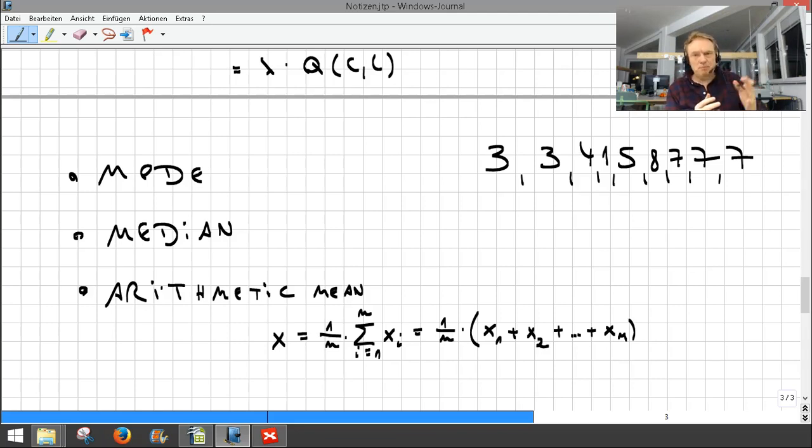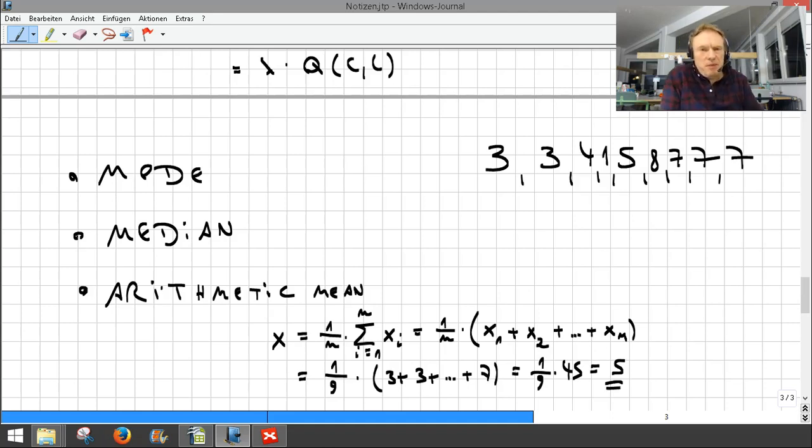You just add them, you just get the sum, and multiply by 1 over n, which is 3 plus 3 plus 4 plus 1, and so on, which is 6, 10, 11, 16, 16 plus 8 is 24, 24 plus 3 times 7 is 24 plus 21, 45. 45 divided by 9, so it's 1 over 9 multiplied by 45, which is 5.